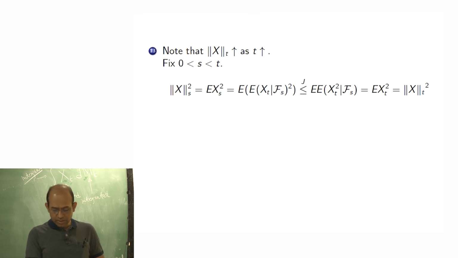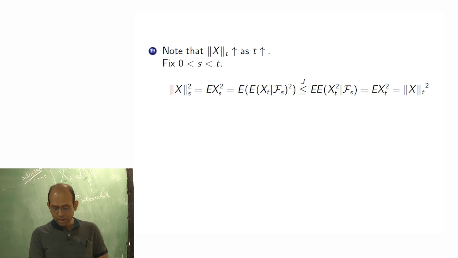Now fix s and t, so s is less than t, and s is positive. The norm of x_s square, by definition, is the expectation of x_s square, and I can replace x_s by the conditional expectation of x_t given F_s, because x is a martingale. So this would be the expectation outside, but inside the conditional expectation of x_t given F_s, with the square. Then I apply Jensen's inequality to the conditional expectation, and I get less than or equal to.